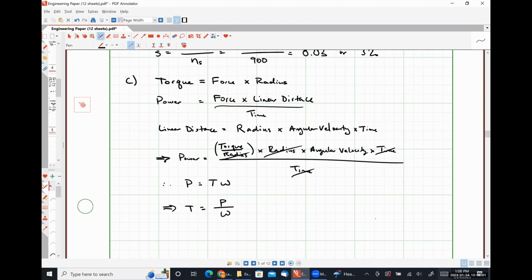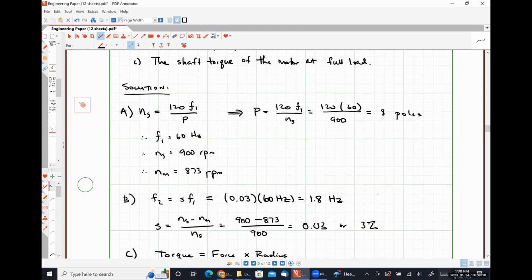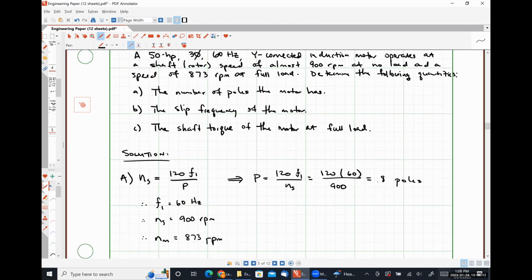So let's look at this a little bit more loosely here. If I want the torque on my shaft, I need to know the power that's being delivered to my shaft.